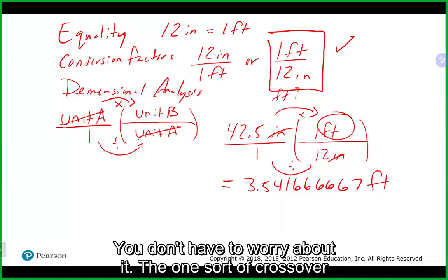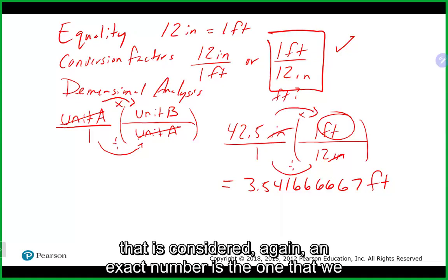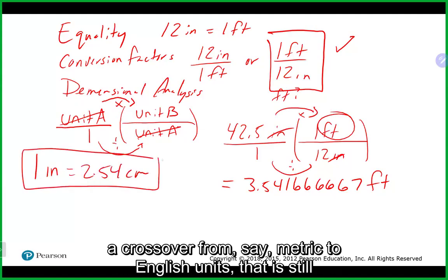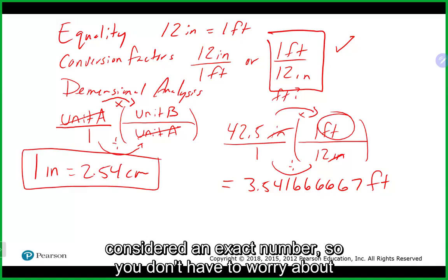The one crossover that is considered an exact number is the one that we saw as well: 1 inch is 2.54 centimeters. Although that is a crossover from metric to English units, that is still considered an exact number, so you don't have to worry about it.